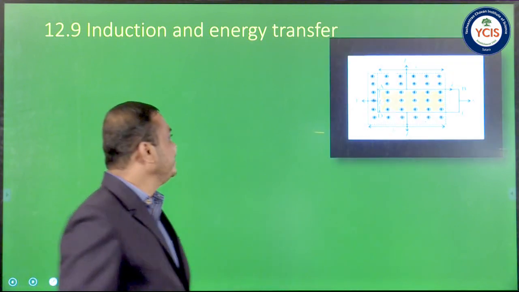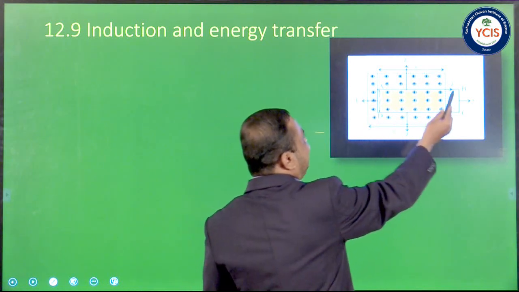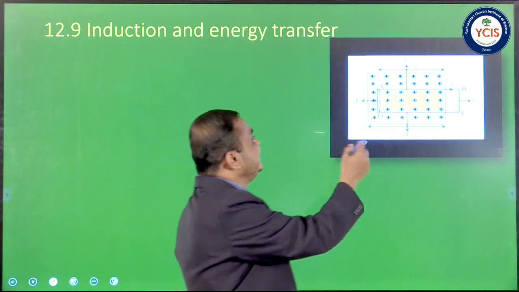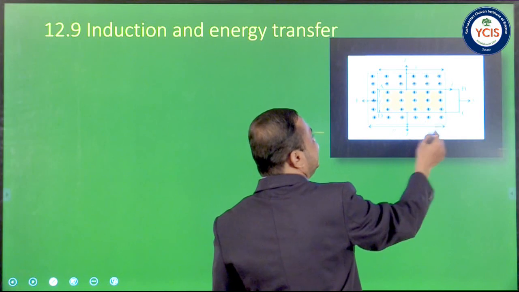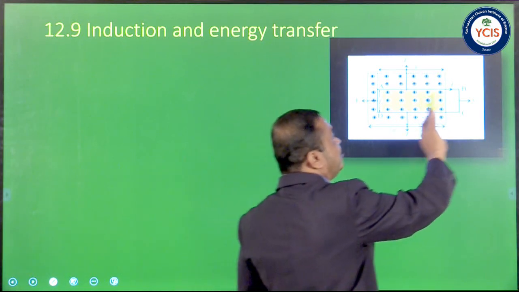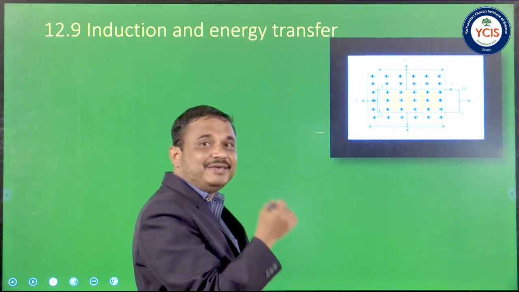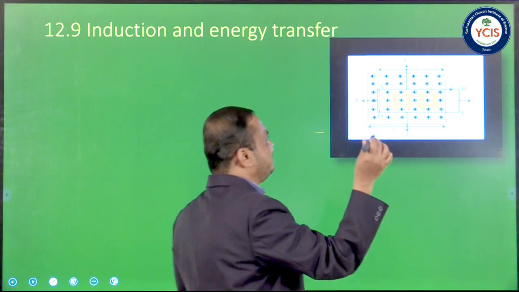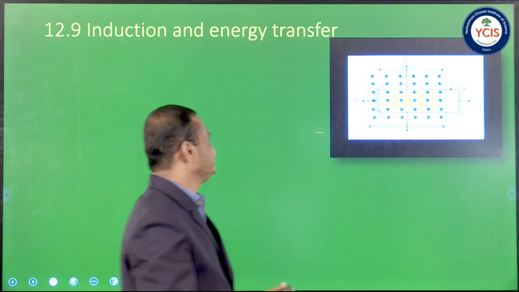Consider a figure. In this figure, there is a rectangular conductor ABCD. Some part of this conductor is placed in a magnetic field, shown by this dotted line. Some part of this loop is outside the field and some part is inside the magnetic field. The magnetic field is perpendicular to the plane of the screen and directed inward.